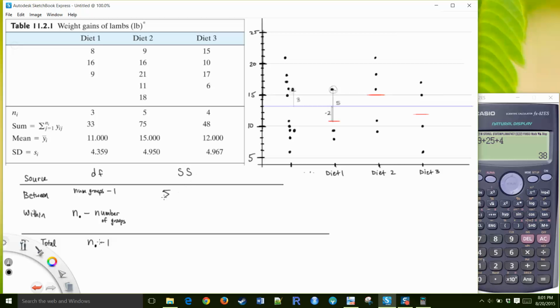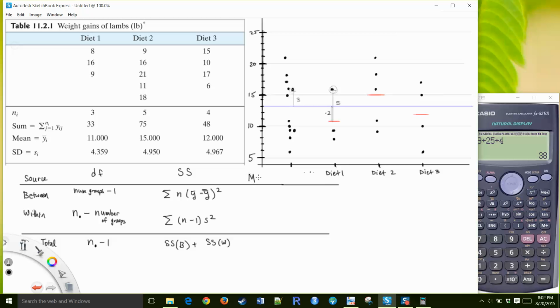And then we have something called MS, which stands for mean squares, which is the ratio of the sum of squares to the degrees of freedom. And you do this for both the between and within. At this point, I'm really just waving my hands and saying this is what we do with ANOVA without explaining where these tables come from.